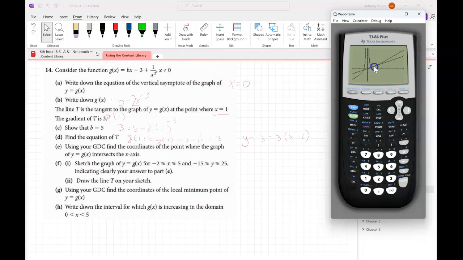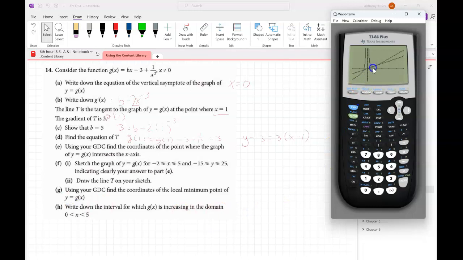It was all basically calculator and then just write down what you see. It says to make sure that you clearly indicate your answer for part E, so it wants you to make sure that this point is on there, labeled or whatever. That's not much. And then it says, using your GDC, find the coordinates for the local minimum.